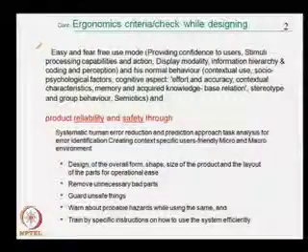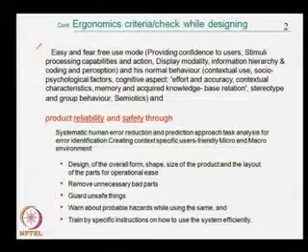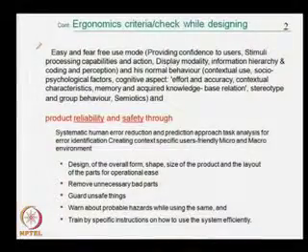So, something is there that eases a fear-free mode of use, providing confidence to users, stimuli processing capabilities and action. When driving a car, if a tree or something comes in front, obviously we take a turn. That means the stimuli processing capabilities and action, display modality, information hierarchy and coding and perception.